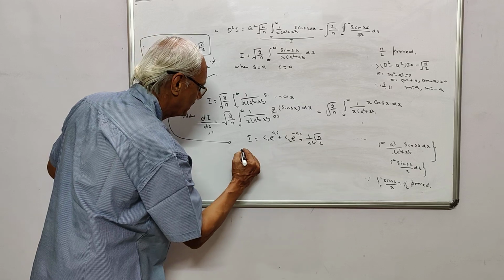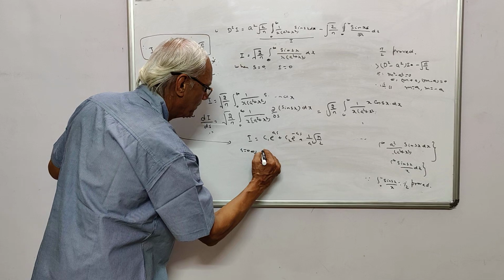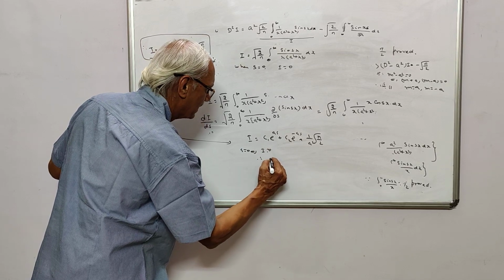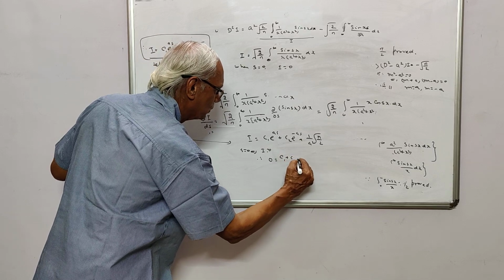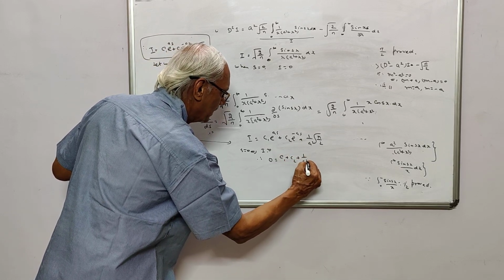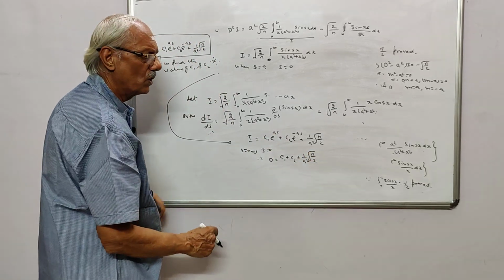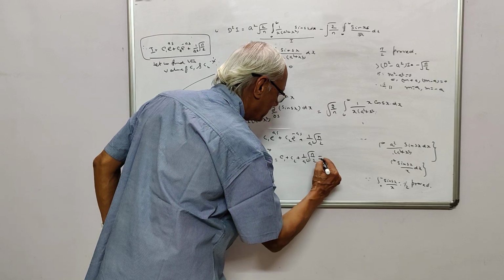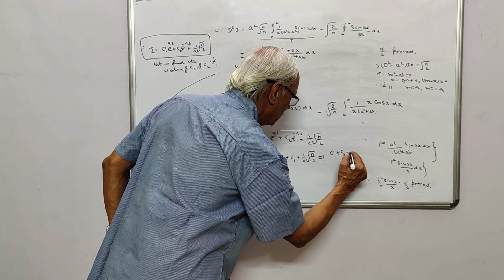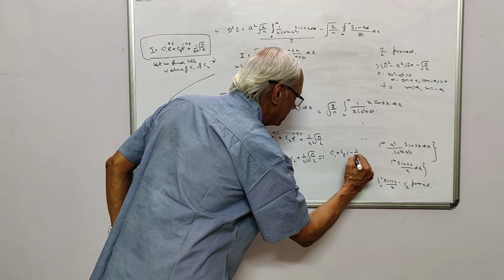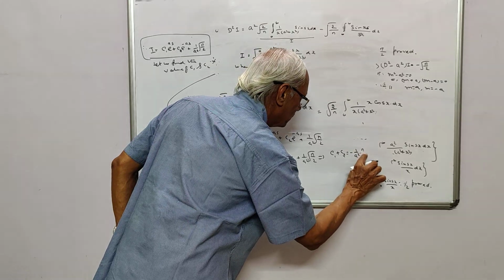So when s is equal to 0, I is equal to 0. Therefore 0 is equal to C1 plus C2 plus 1 by a squared into square root of pi by 2, since e to the power of 0 is 1. So this implies C1 plus C2 is equal to minus 1 by a squared into square root of pi by 2.